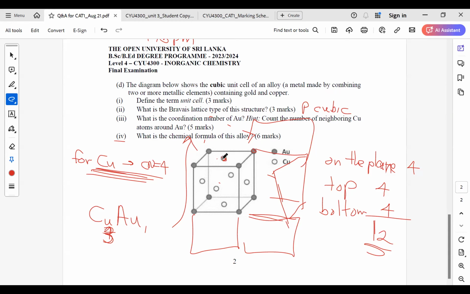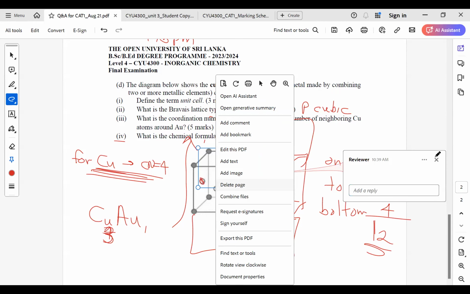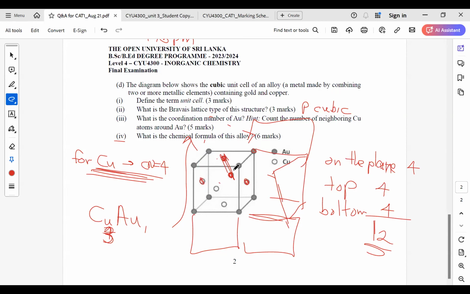If these were Au atoms, of course you would have to consider them as lattice points, and then it would be FCC. But the problem here is, right now, they are not Au. They are copper atoms, different from Au. Now is it clear? Yeah, ma'am.